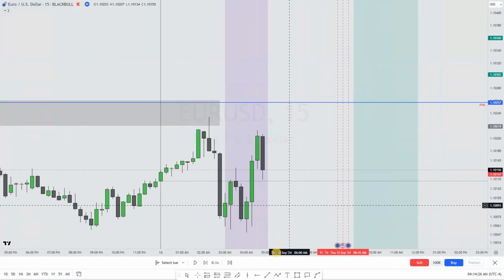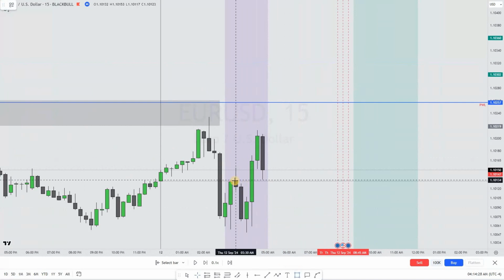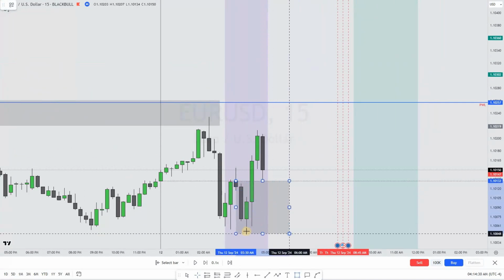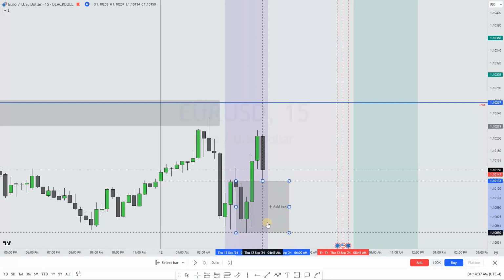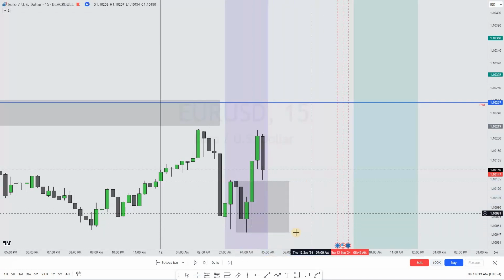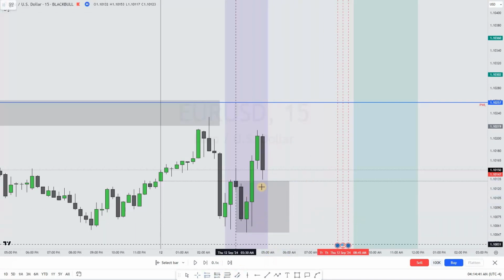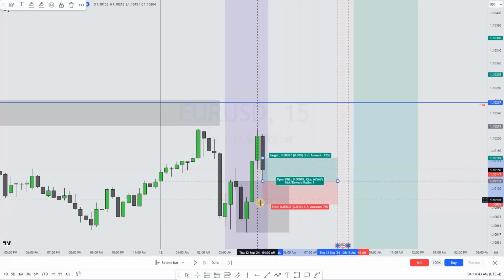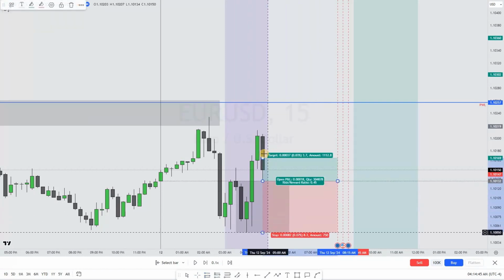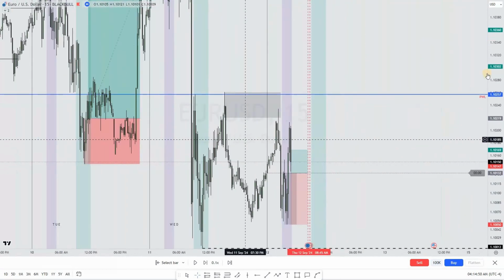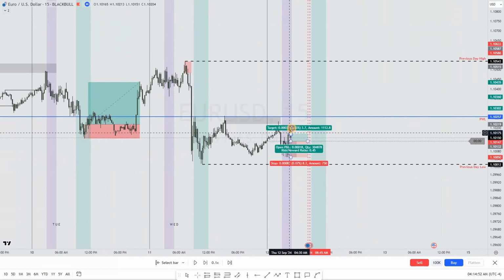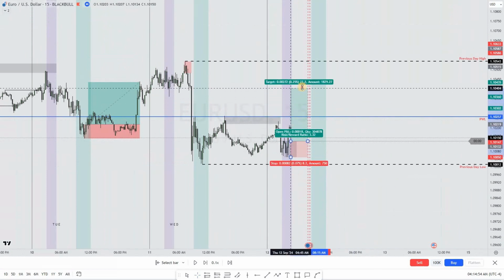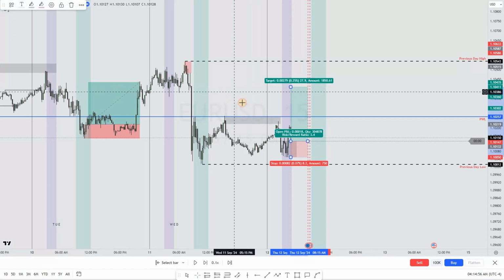After that, we had this order block here. Sorry, I'm trying to do everything out of memory, so sometimes it's a bit foggy. The target here was this area up here, I was targeting at least this area.